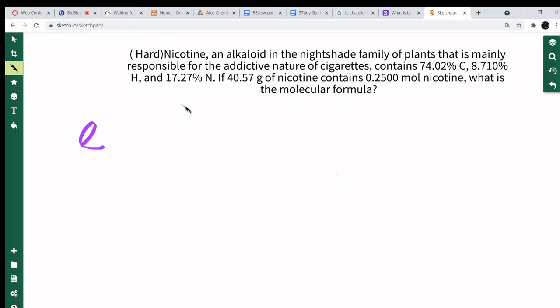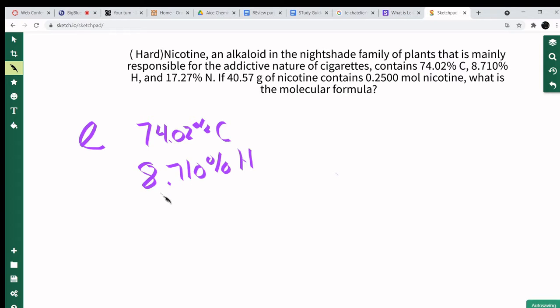Okay. We see that we have a total of 74.02% C. We have 8.710% H. And then we have 17.27% N. Okay.